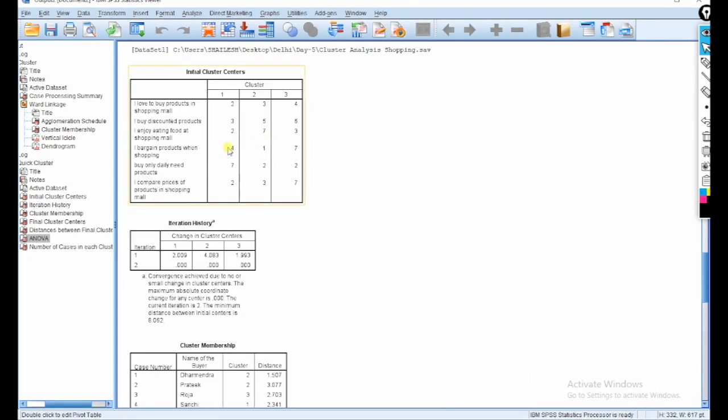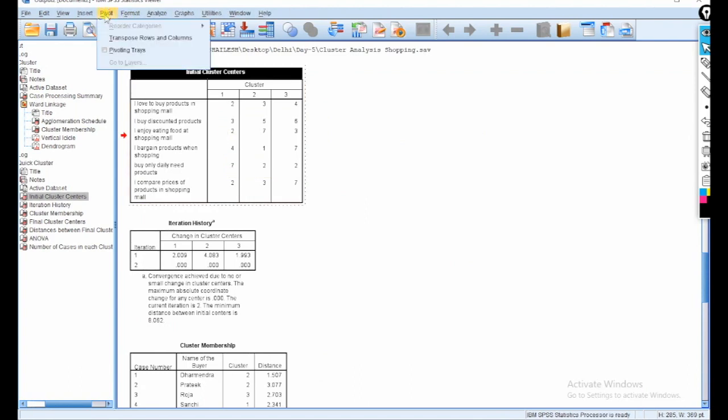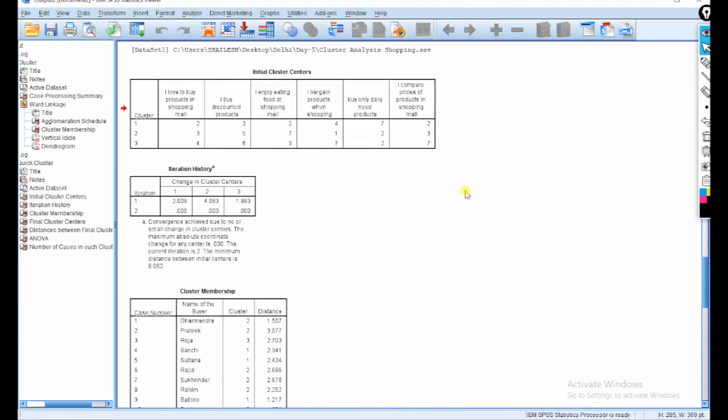This is the initial cluster. I am taking it twice, just changing it, transposing rows and columns. First of all we will understand the meaning of this table, initial cluster centers. We created 3 clusters: cluster 1, cluster 2 and cluster 3.